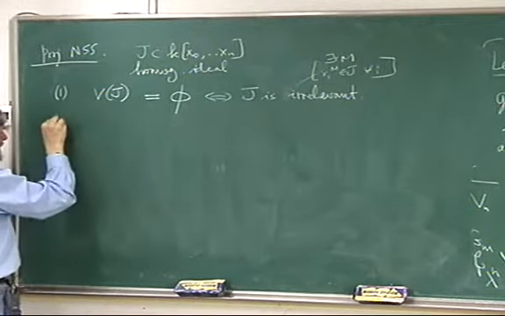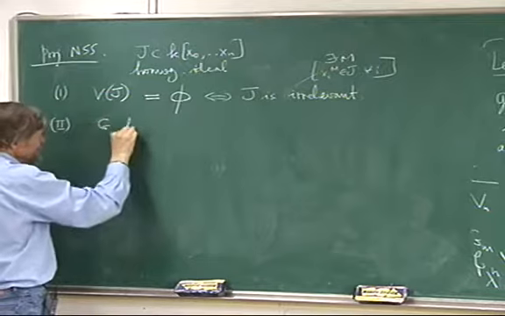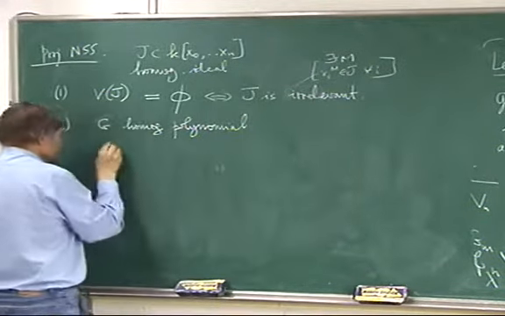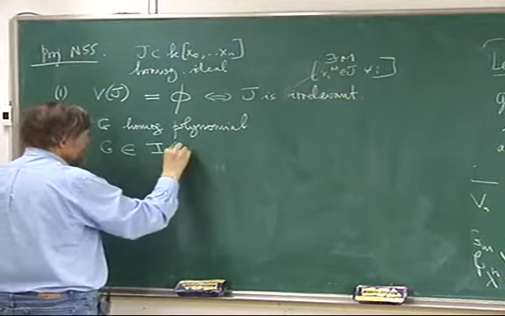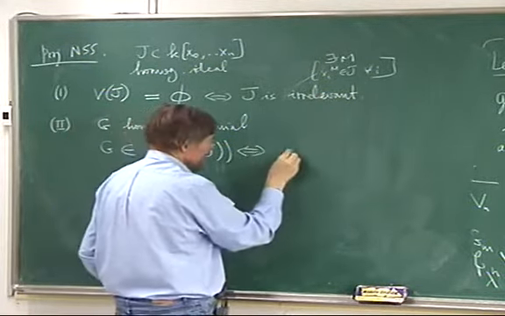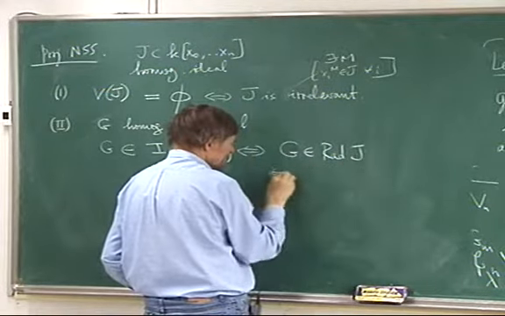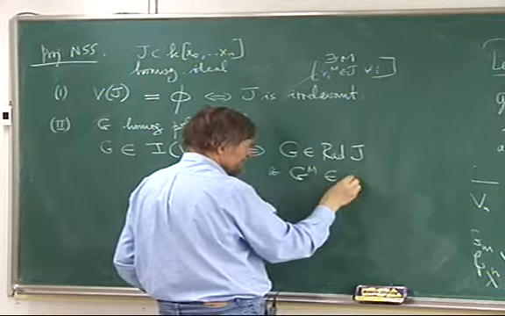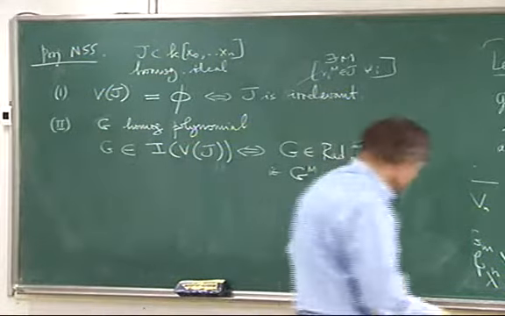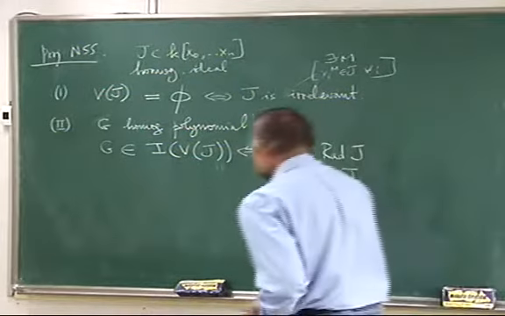And then 2, if G is a homogeneous polynomial, then G is in the ideal of V of J if and only if G is in the radical of J, i.e. G to some power m is in J. Okay, so this just gives us everything that the Nullstellensatz gave us for affine varieties, at least everything that's true.